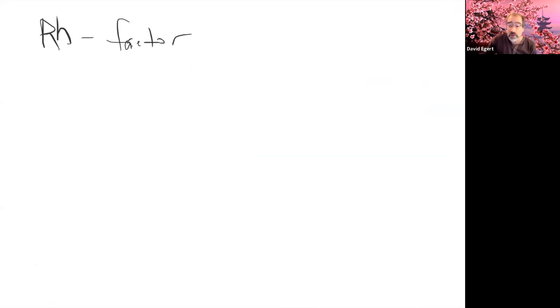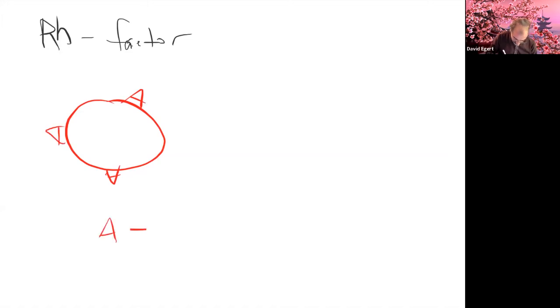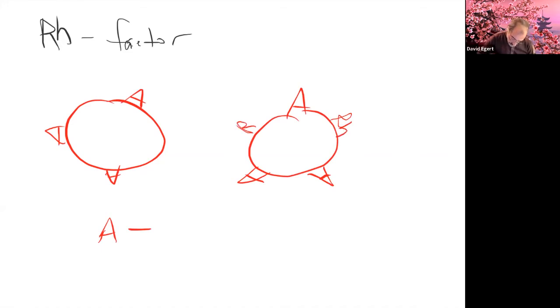And if they got it, you're positive. If not, you're negative. So if I just have A markers, this would be A negative. If I have A markers and the little Rhs as well, this would be A positive.